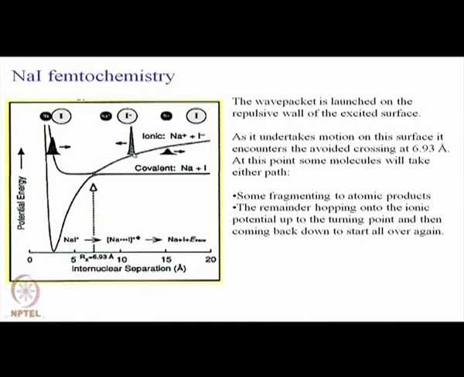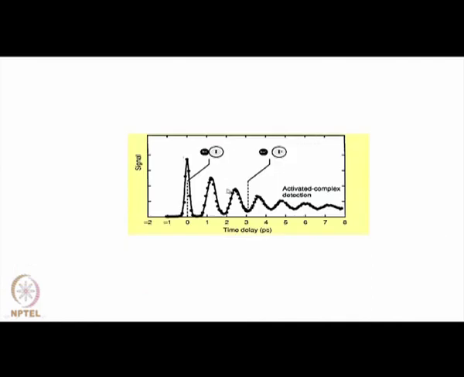The remaining will again go back to here, but with less population, therefore its intensity will be less. Again some portion will go out, and its intensity will be less. This way, and the minimum in the signal corresponds to sodium plus iodide minus. So, this way with time it is decaying.